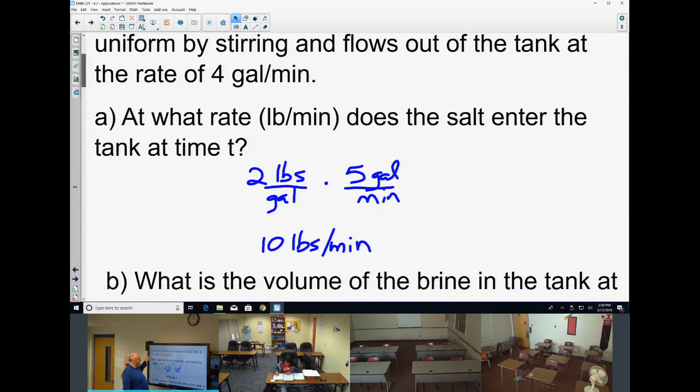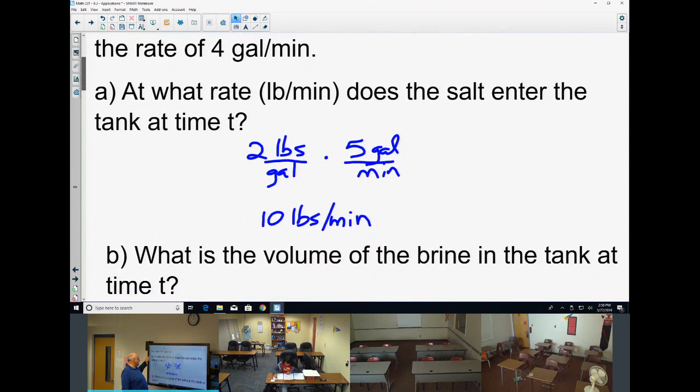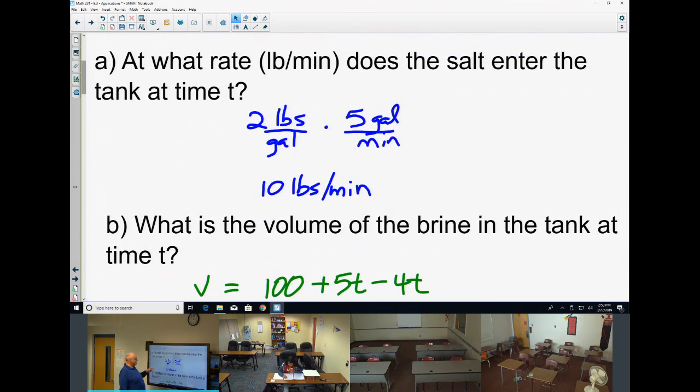All right. So then the next one, what is the volume of the brine in the tank at any time t? Okay. So did you get that one? No, I just did A. So you say, well, what you start with, you start with 100 gallons, and then you're pumping it in at the rate of 5 gallons per minute, and then you're pumping it out at the rate of 4 gallons per minute.